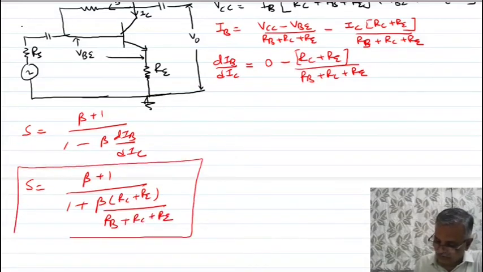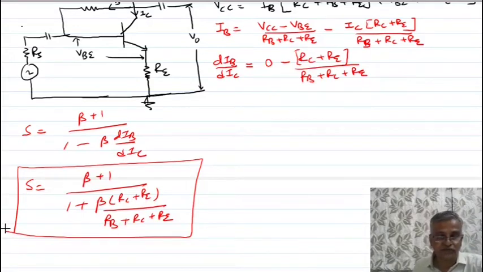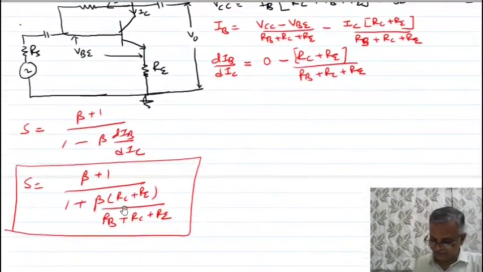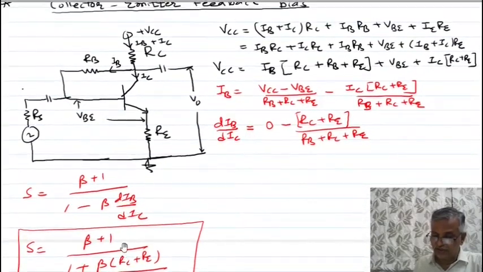This equation shows that the value of stability factor S is very low compared to the fixed bias circuit, collector to base bias circuit and emitter feedback bias circuit. This circuit provides stability of the collector current against the variation of temperature. This circuit is always better than the collector to base bias circuit, or collector feedback circuit, and emitter feedback circuit. I think you understand this circuit and how the circuit works.